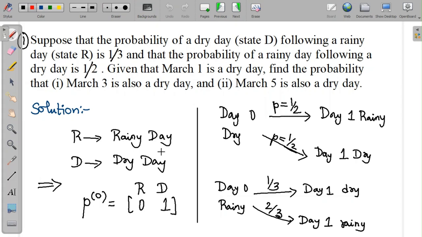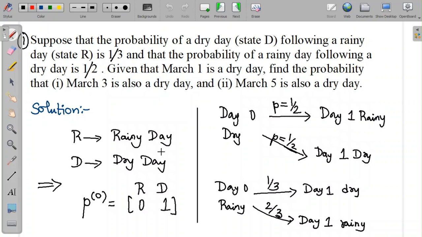Since March 1 is a dry day, we begin with the initial probability matrix as 0, 1. So if we know for sure that March 1 is a dry day, the corresponding P naught is 0 and 1. And we are also given that if day 0 is a dry day, day 1 is a dry day with a probability of half.